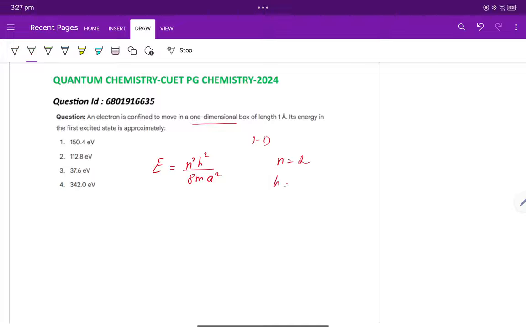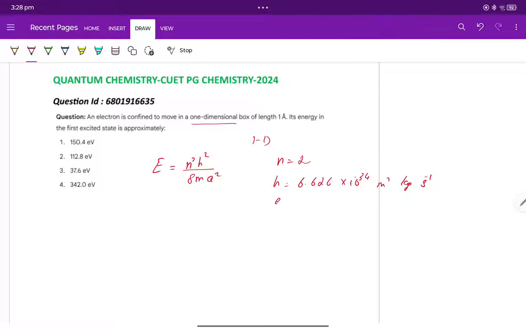H, we know it is 6.626 into 10 to the power of minus 34, and that unit is joule second, which is meter square kilogram second inverse.